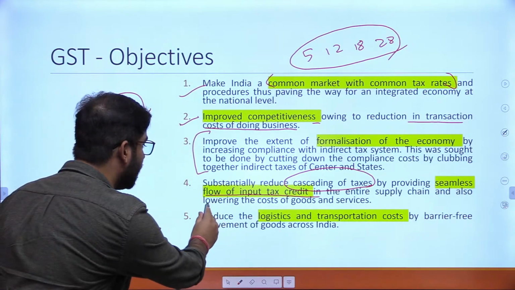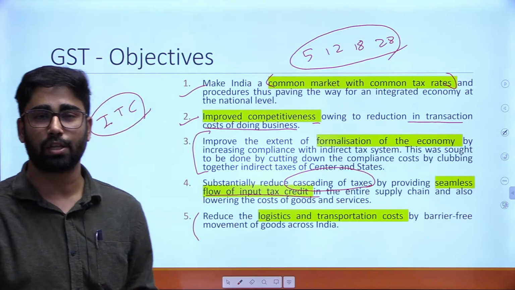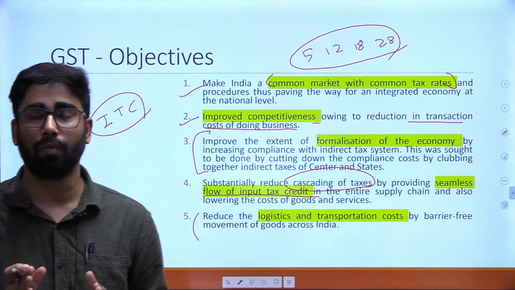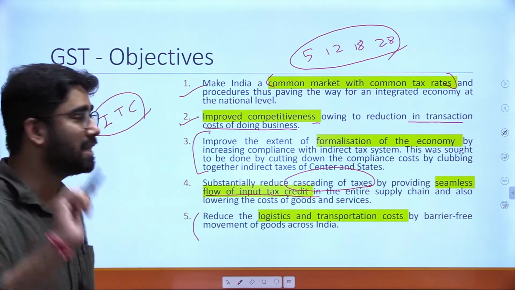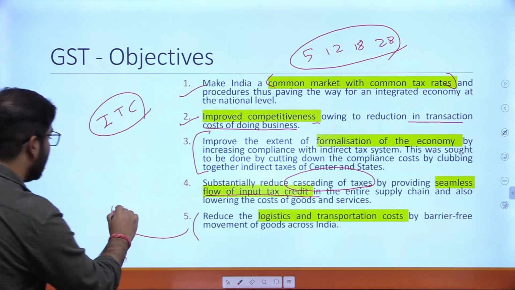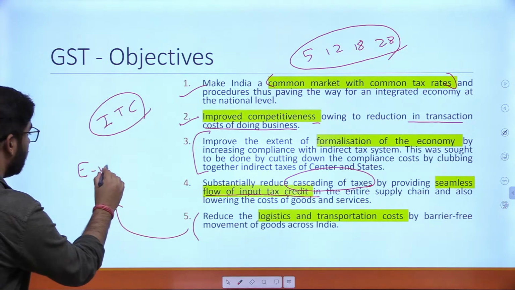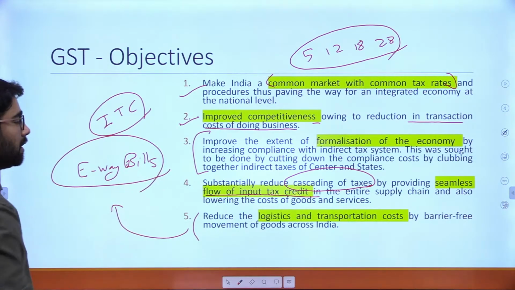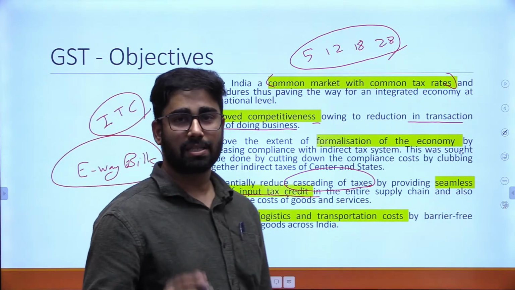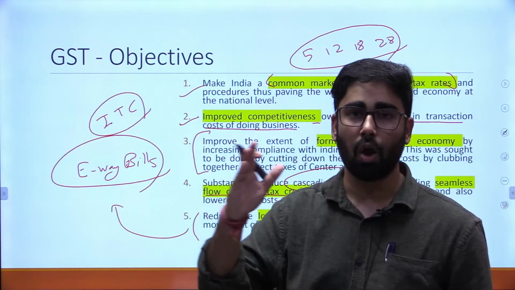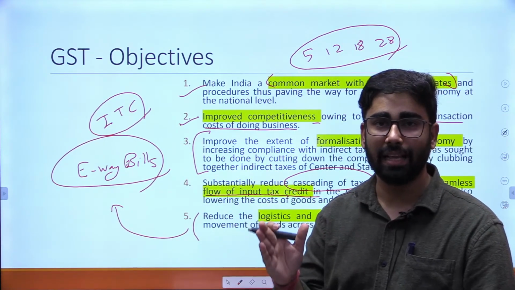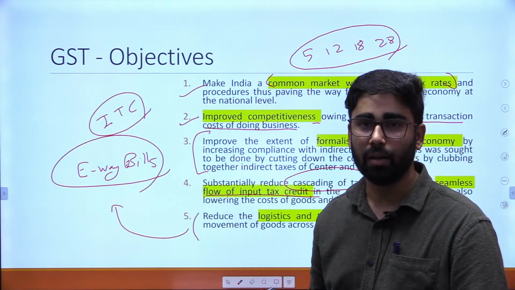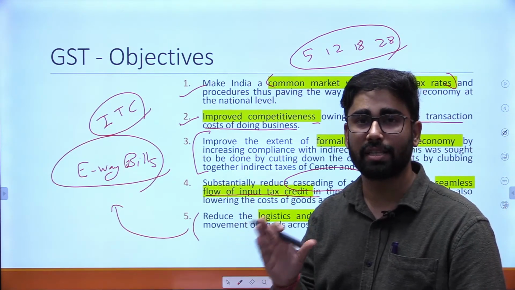Then the fifth objective is reduce the logistics and transportation cost by barrier free movement of goods across India. This is because of e-way bills. Those who used to travel across state borders must have seen the long line of trucks standing there just at the Naka or Chowki because they have to get their goods inspected.